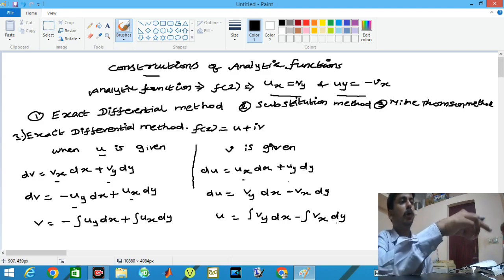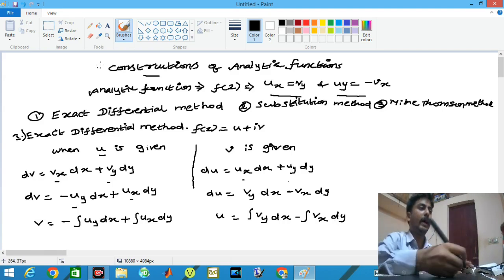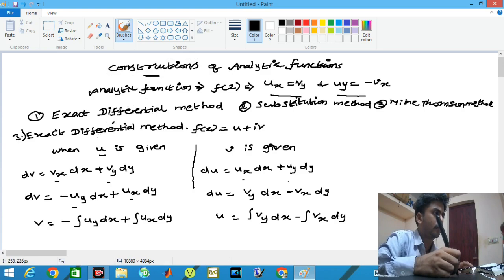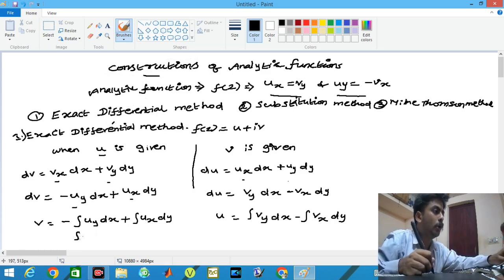So we can easily write u plus iv, that is f of z, in both cases.